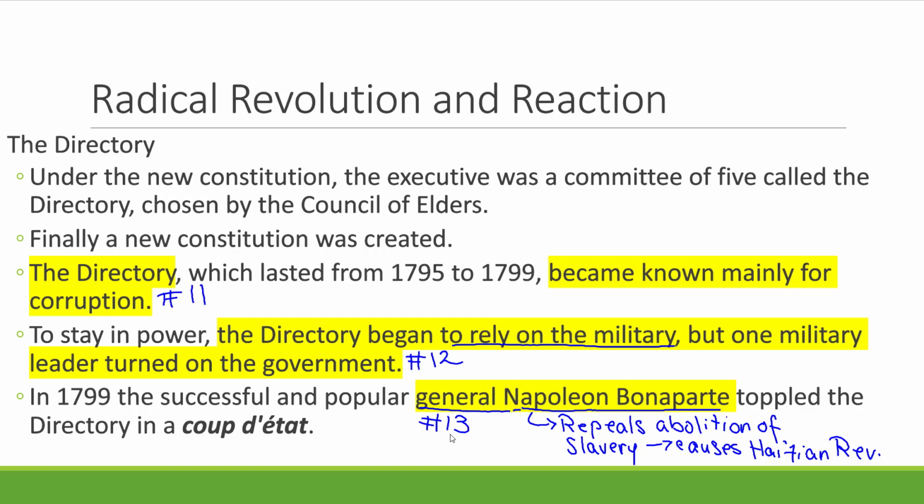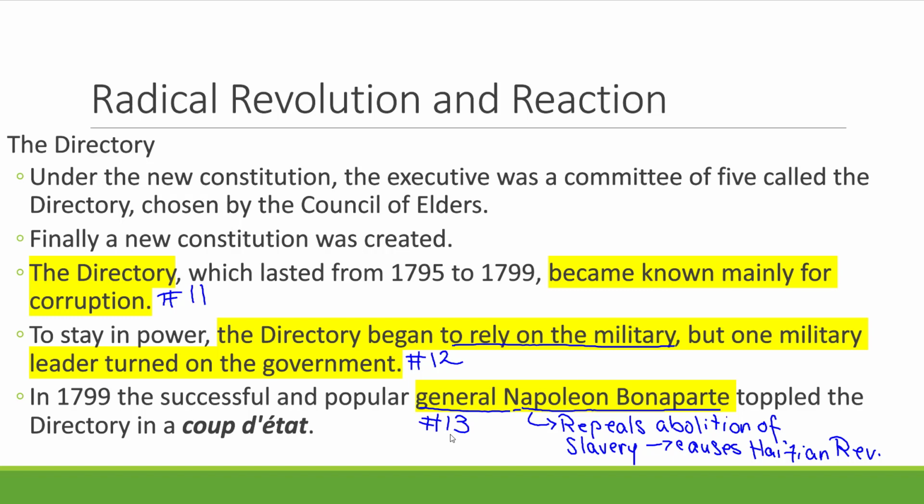And that one person who was a part of their same military was General Napoleon Bonaparte. Okay? And he launched a coup d'etat, right? An overthrowing against the Directory. And now Napoleon Bonaparte is going to become the leader of France. Okay?